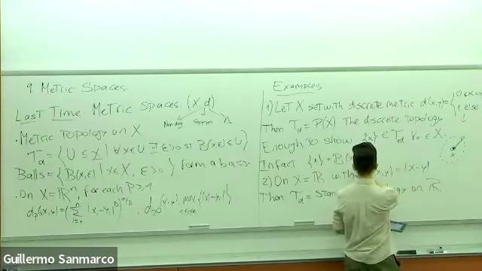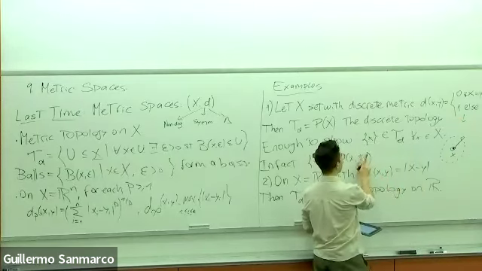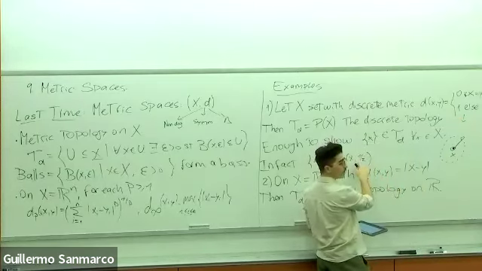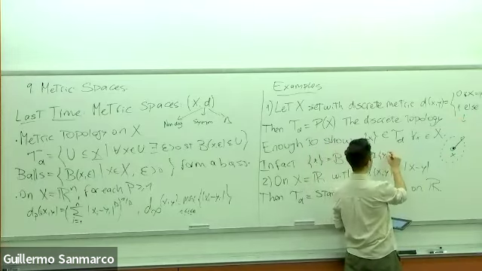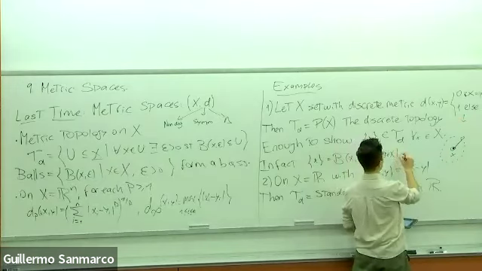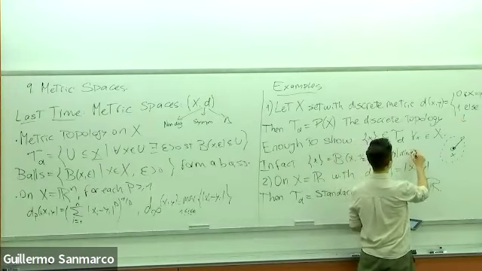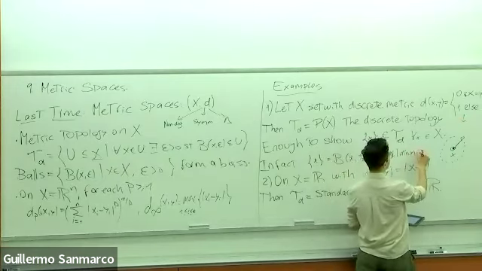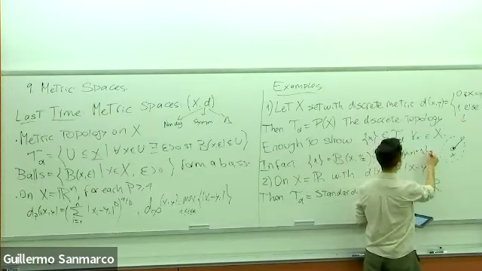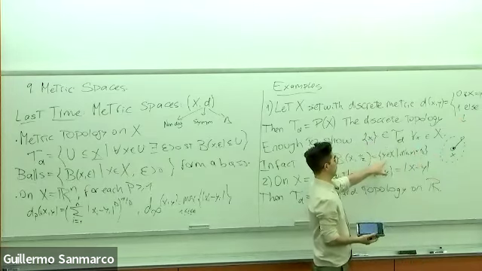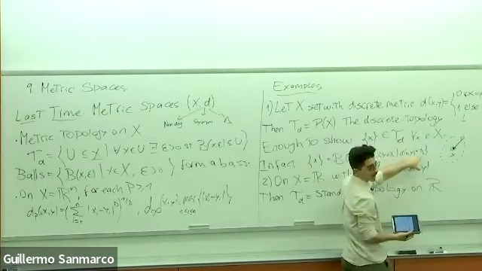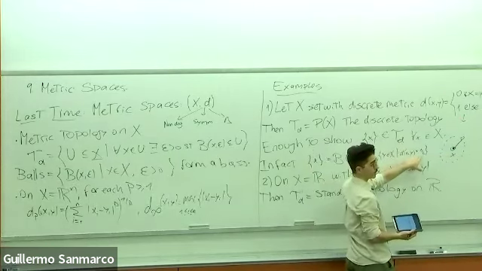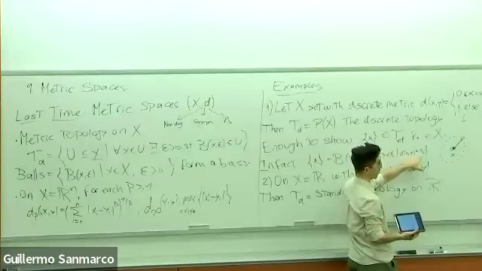So if you say anything smaller than 1, or smaller than or equal to, the only thing that's in this set, so remember this is points in X for which the distance from x to y is, if I'm using 1/2, smaller than 1/2. And no point different from x is at a distance smaller than 1/2, only x, because that's equal to x.